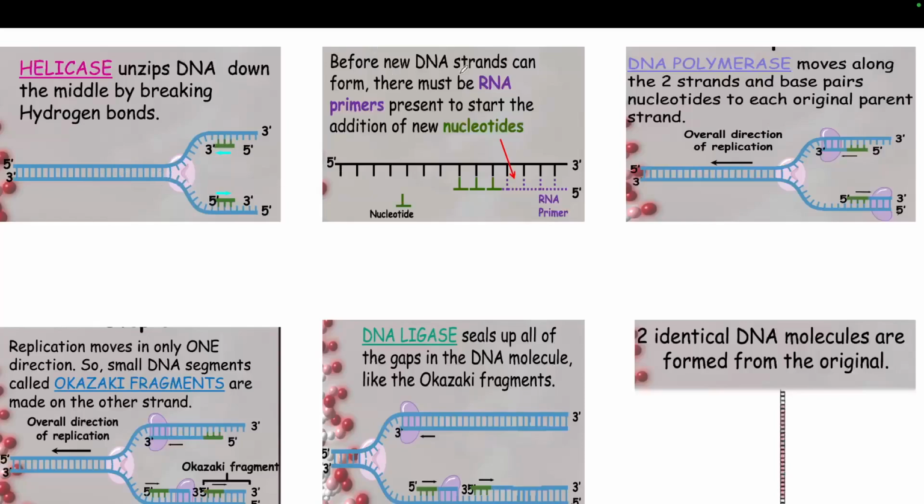Okay, then before a new DNA strand can form, there must be an RNA primer present to start the addition of new nucleotides. As I earlier discussed, DNA polymerase only amplifies the DNA when it has a certain kind of template. Only then can it add nucleotides on that particular template.